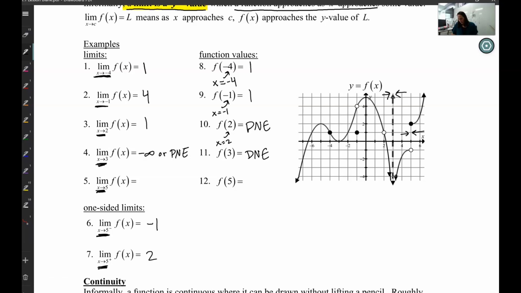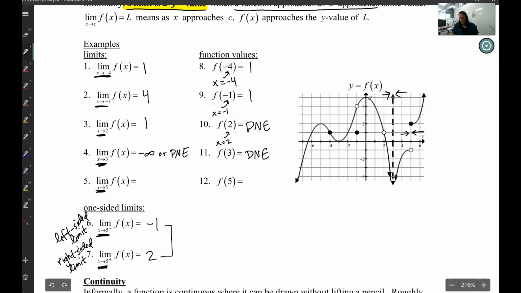Now this one is called the left-sided limit. This one is called the right-sided limit, coming at it from the left and from the right.